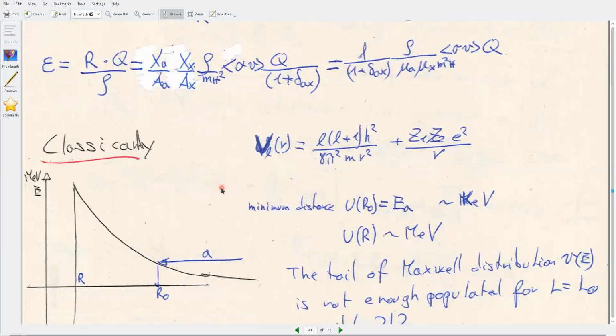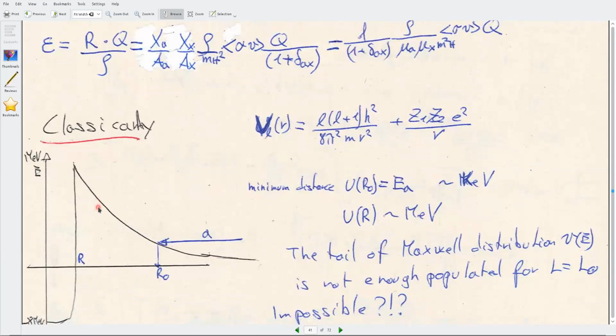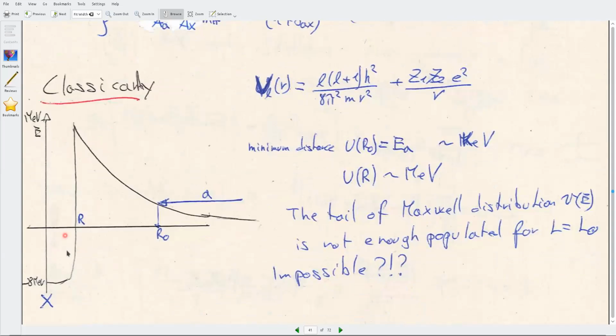Then you consider classically the potential energy, and you have this problem. The particle should not enter, and the tail of the Maxwell distribution is not enough to have anything here.